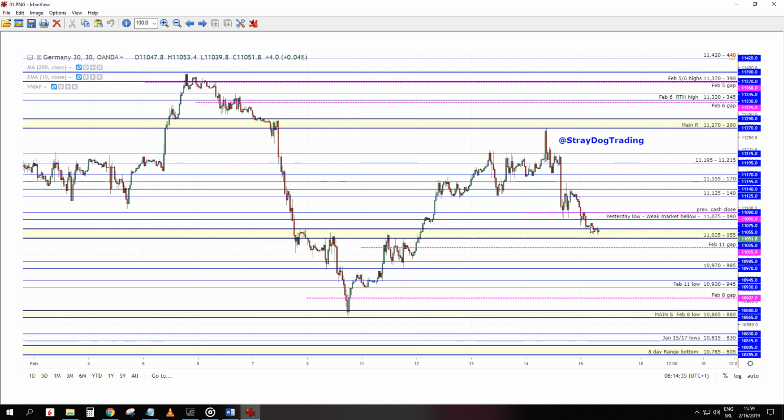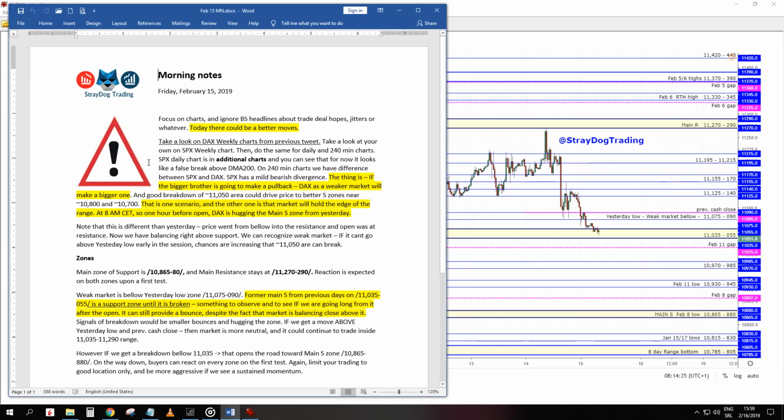And for Friday, the situation was similar. Again, market is here, near the inflection point. And in the morning notes, this is the way I used this sign, really to warn you that there could be some better movement.